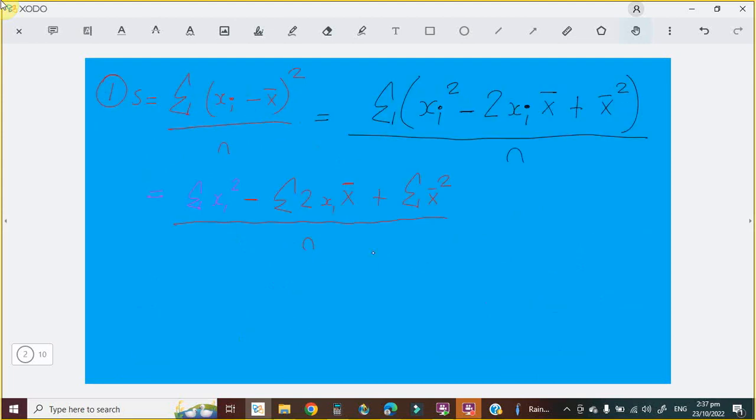So what we're saying in the formula is that right here we can factor out 2 bar x because this piece is a constant. Sorry, not 2xi, xi is not a constant, bar x is, so we can factor out 2 times bar x. Sorry about that. So factor out the 2 and the bar x.